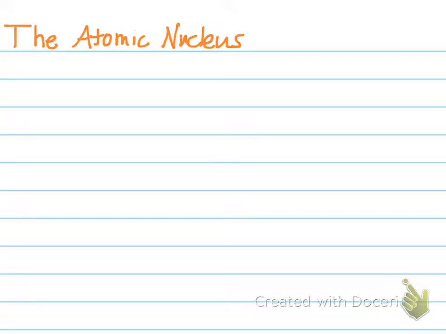So remember that we had kind of wrapped up by talking about Dalton's atomic theory, how we came to know what we know about the atom. At the point where we stopped, we knew about protons and we knew about electrons.